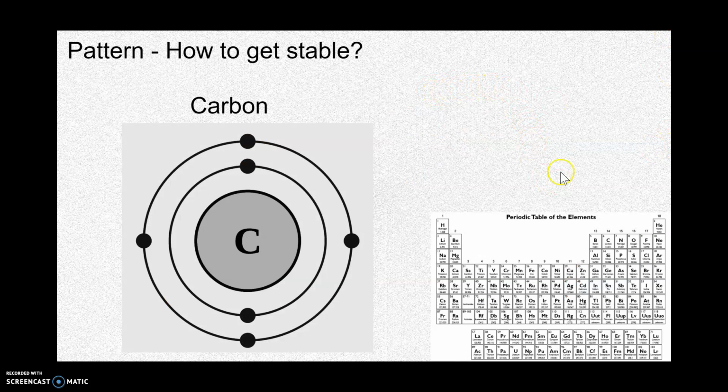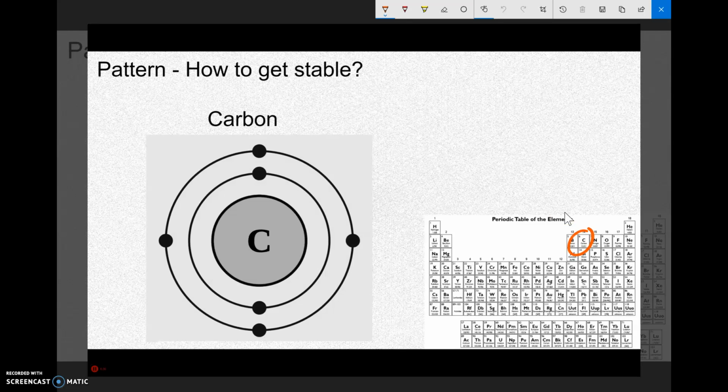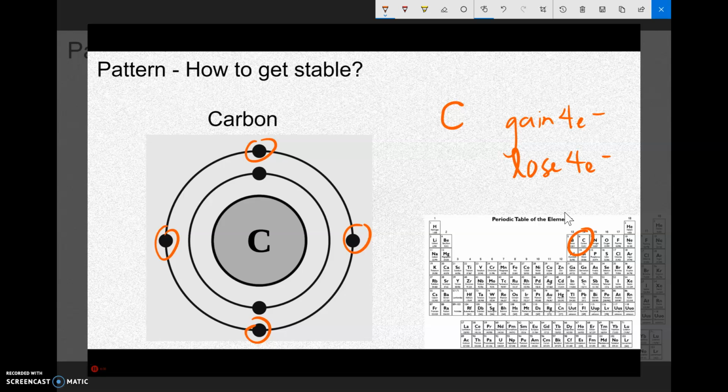Okay, carbon. Here's our carbon. It's right here. So carbon can either gain 4 electrons because it has 1, 2, 3, 4 valence, or it can lose 4 electrons. So carbon can go either way.